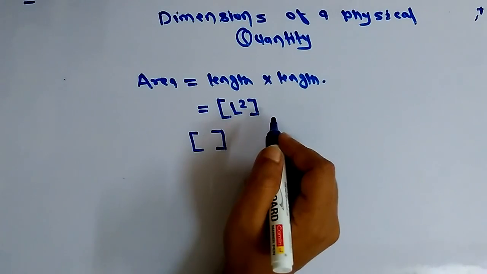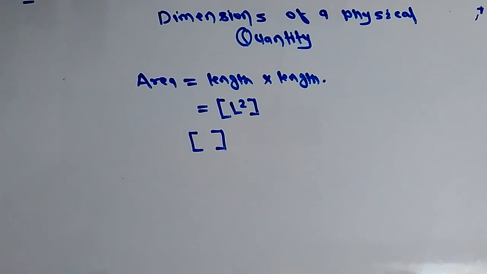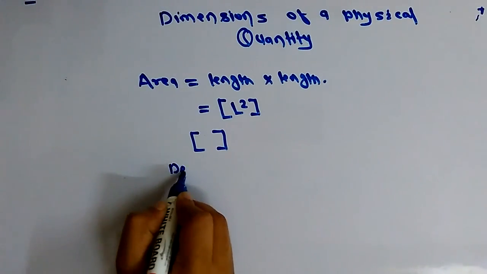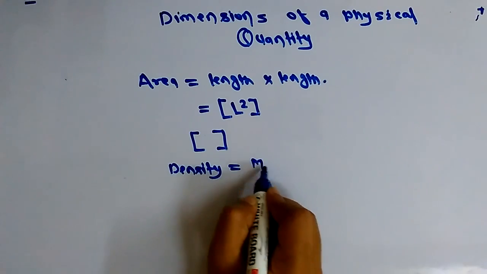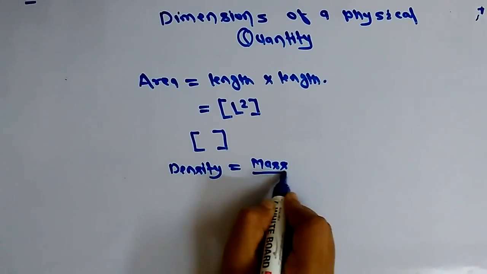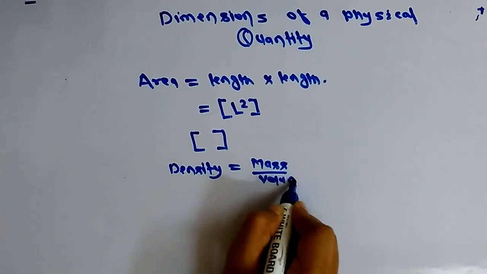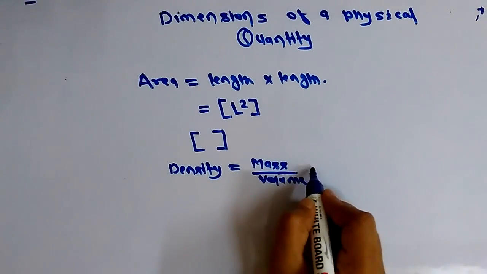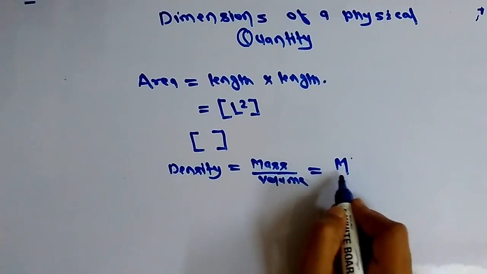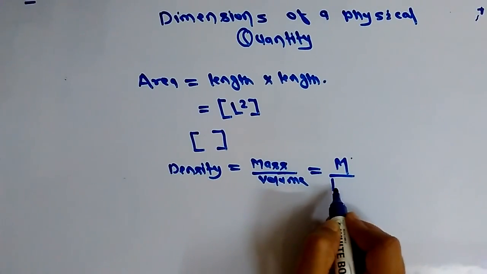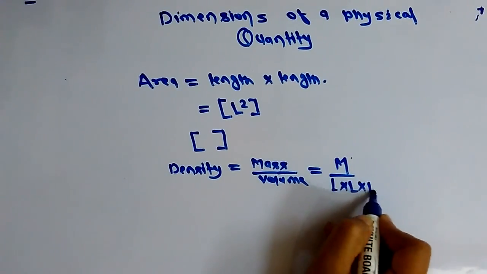Suppose I talk about density. Density is mass per unit volume, and it is expressed in terms of fundamental quantities as mass over length into length into length.